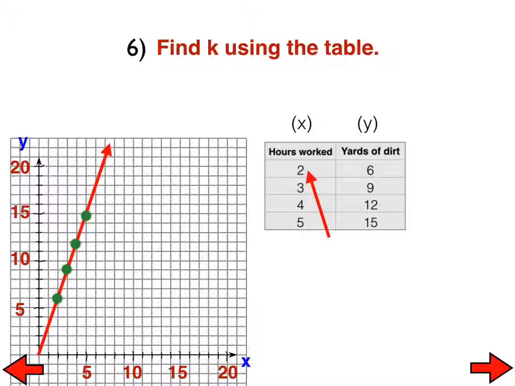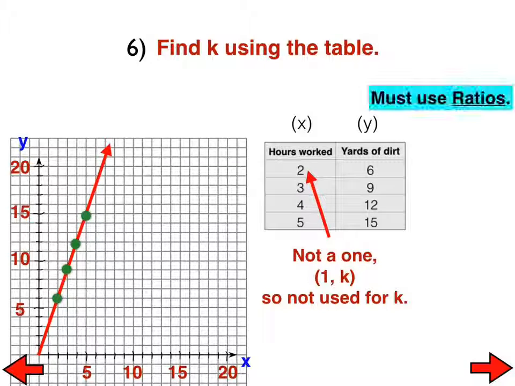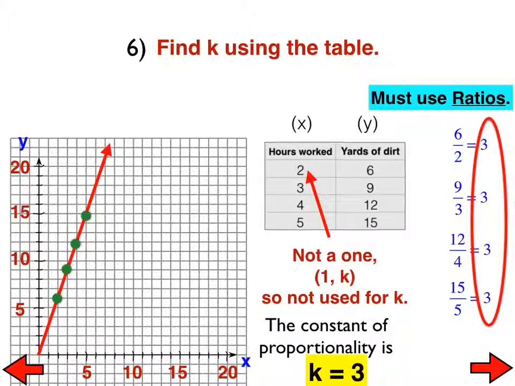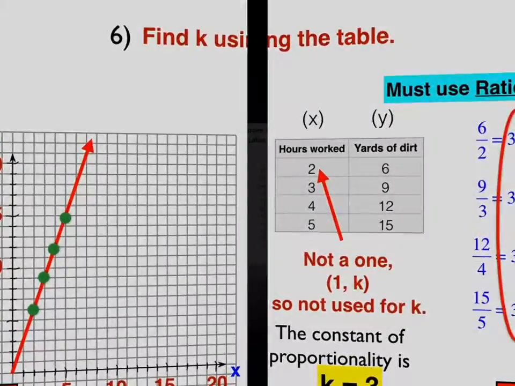This table starts with 2. Since that's not a 1, you cannot use that as your constant. 6 is not the constant. Just because it's the first dot on your graph, the first values in your table, doesn't mean that's the constant. That's just one of the dots. You need to use the ratios to find 3. Okay, make sense? Just be careful, it's not the first dot. It's go over 1, up until you hit K. K is 3, not 6.